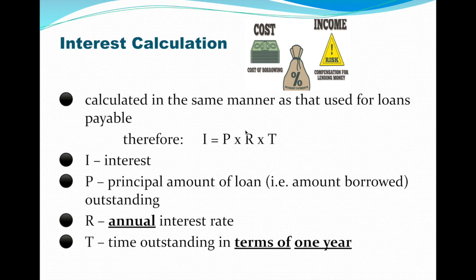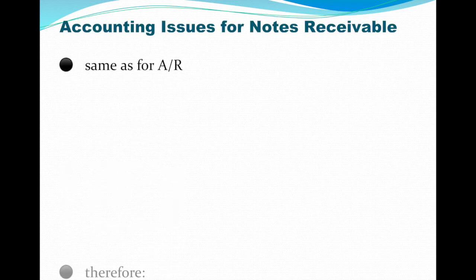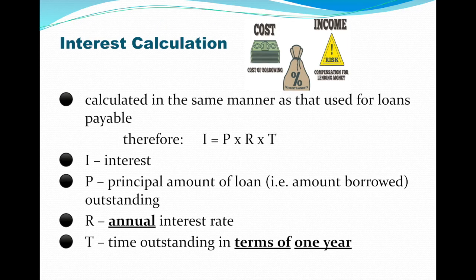Let me give you a verbal example. Let's say you took out a loan for $5,000 at an interest of 10% per year. The interest amount would be equal to $5,000, the principal amount, times 10% times whatever fraction of the year the time works out to.